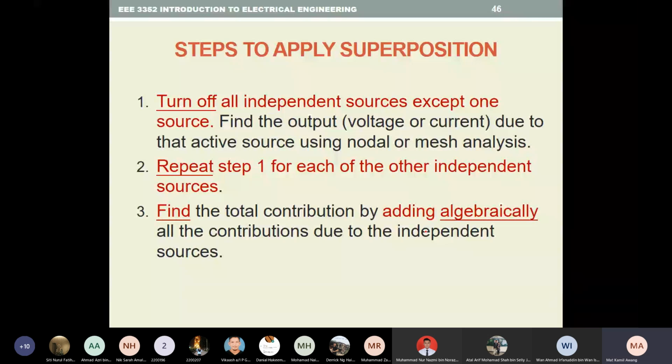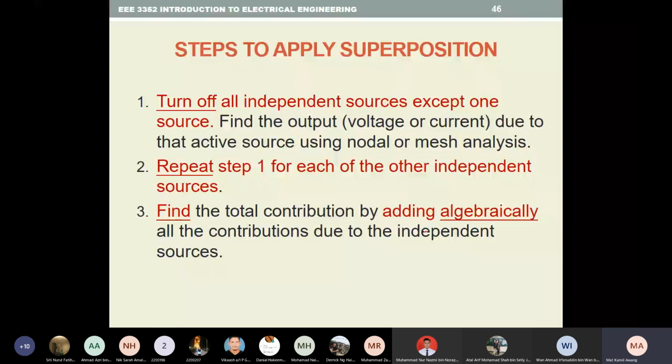In the exam, maybe they will give you a question that says, solve these circuits using superposition. If you use other methods, you get 0. You need to use superposition if the question asks you to do the calculation based on the superposition theorem. If they spell out which method to use and you use a different method, you get 0.